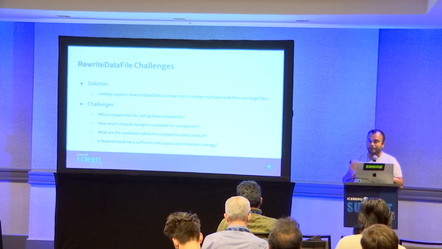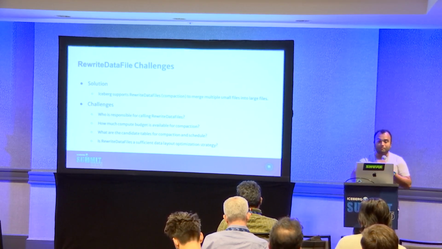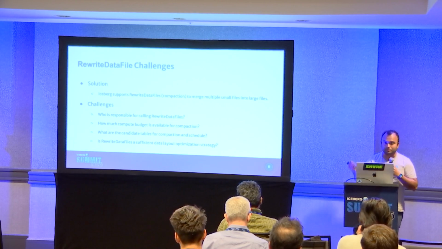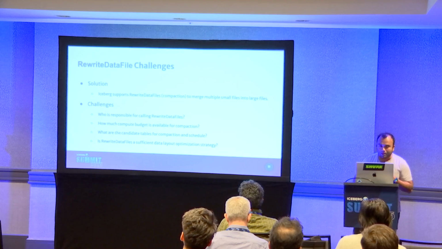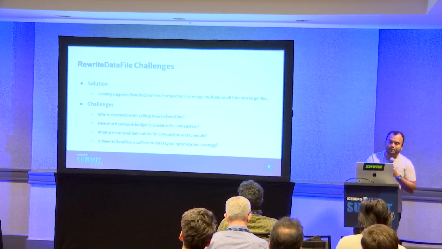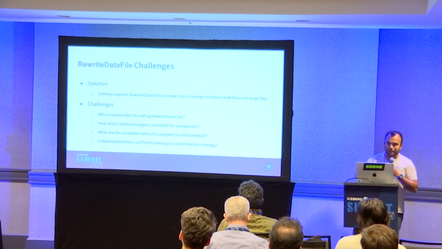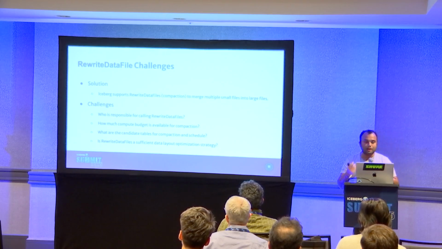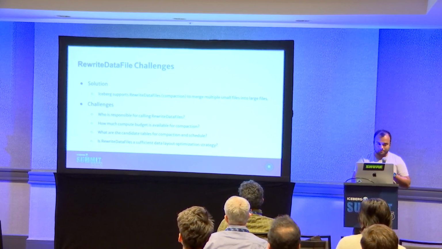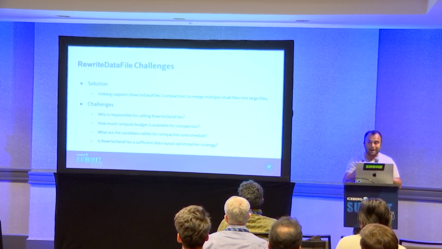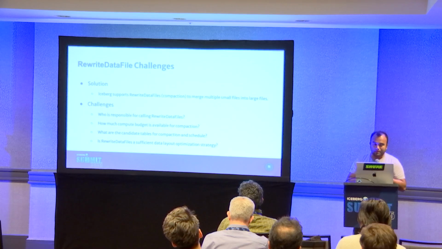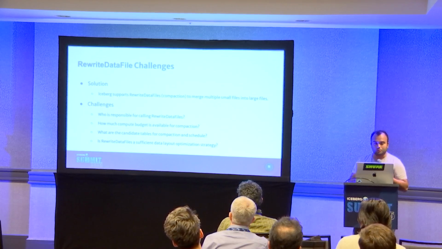What are the candidate tables for compaction and schedule when you are managing a data lakehouse which has 100,000 Iceberg tables, right? And if you are actually doing rewrite data files to do compaction, is that sufficient, or could you add a bit more to that whole process, like for example, sorting? So those are the kind of things that are still unanswered, and our work partially tries to answer them, and then there is a roadmap that we would like to discuss with the community.